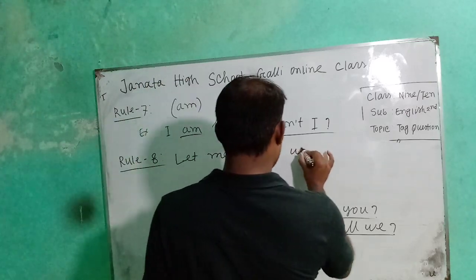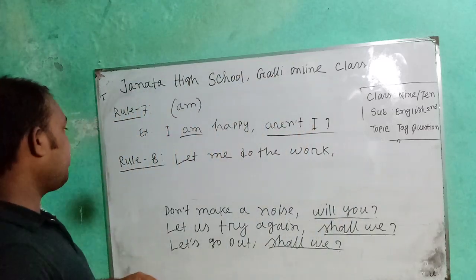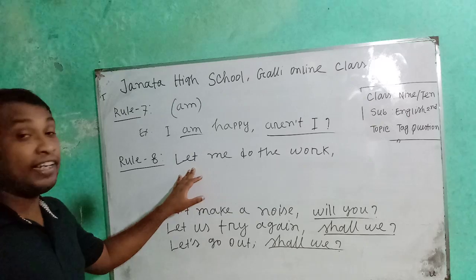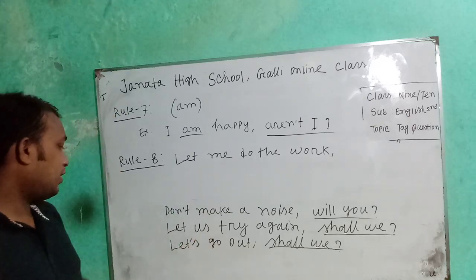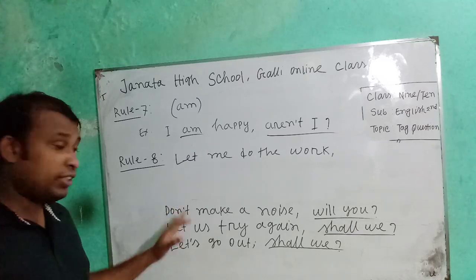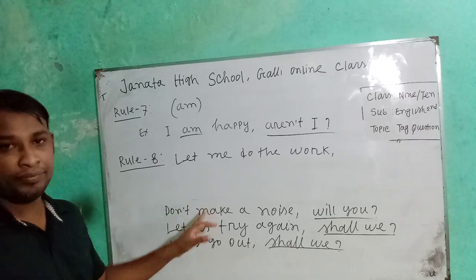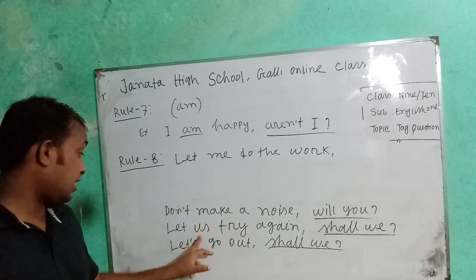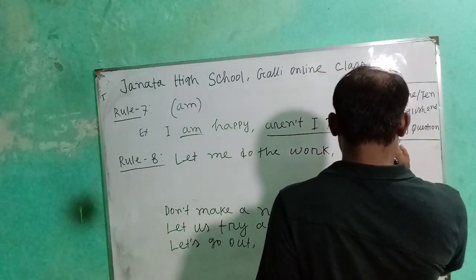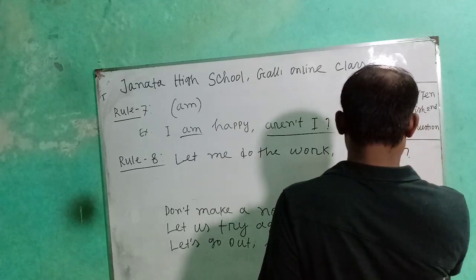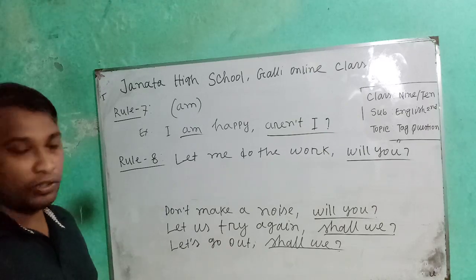Let me do the work. If the sentence starts with the word let us, we have to use shall we, let us or let's. But if the sentence starts with the word let except us, we have to use will you.